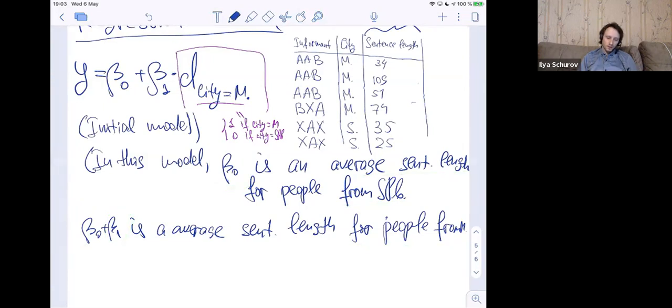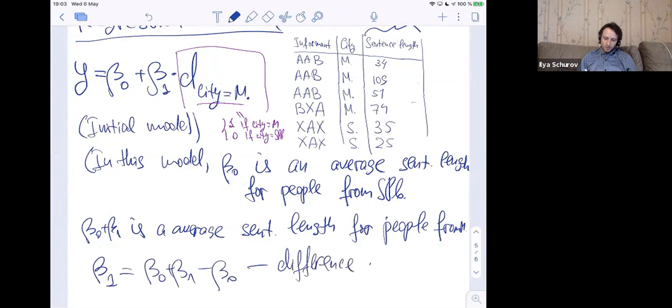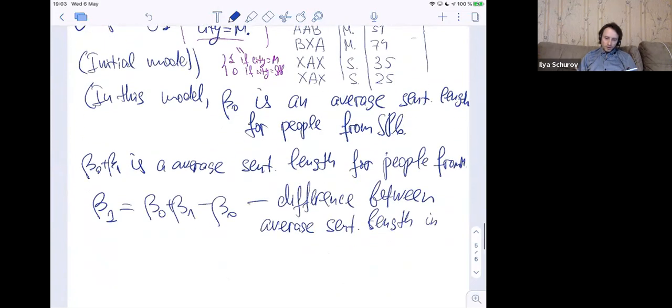So we see that this is just a difference between this average and this average. So beta 1 is just the difference between average sentence length in Moscow and in St. Petersburg.